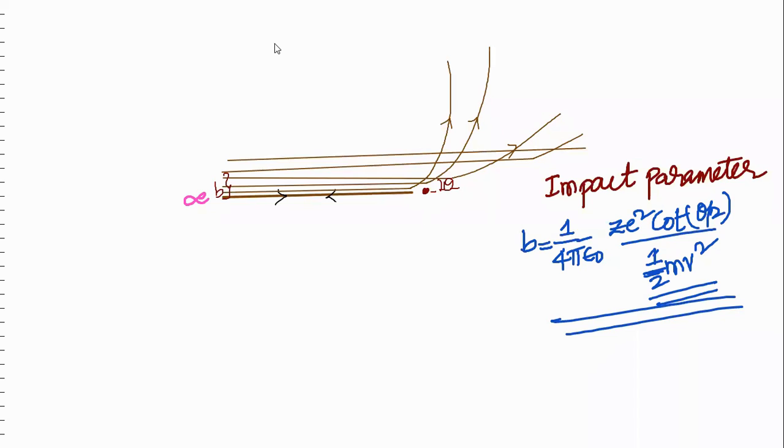When the alpha particle is far from the target nucleus, it has only kinetic energy. When it reaches the nucleus, it has potential energy. From this, we can say that kinetic energy is converted into potential energy.